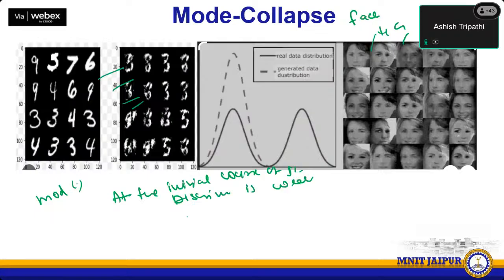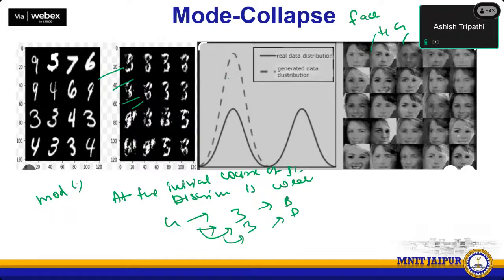So for example, the generator has generated some images, for example 3. The discriminator is not able to discriminate. So the generator will think that yeah, I'm going good. So it will generate even more images which are close to 3. Again it will be able to fool the discriminator. Again it will generate similar kinds of images.